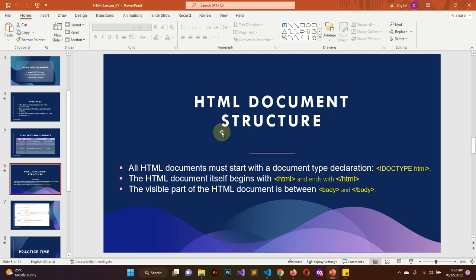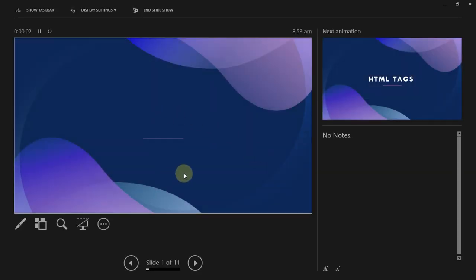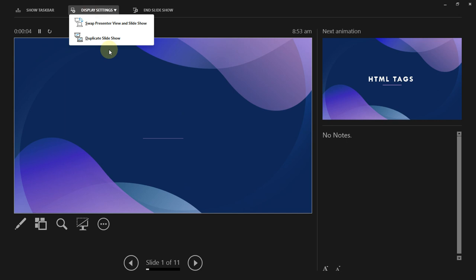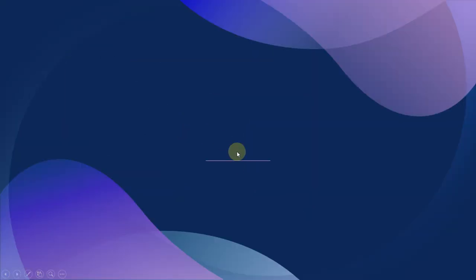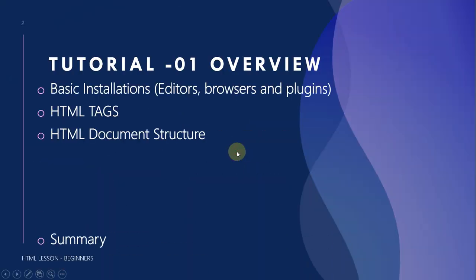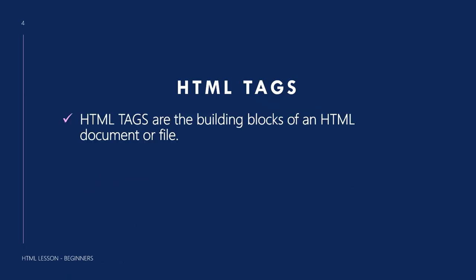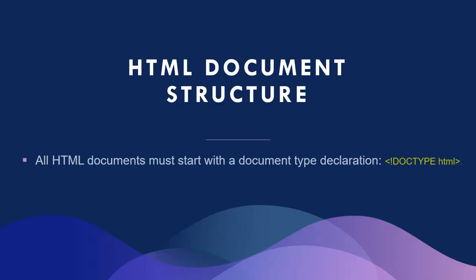We are supposed to know how an HTML document is structured. Before we go into actual code, you have to bear in mind that whenever you have an HTML document, it follows some sort of structure.